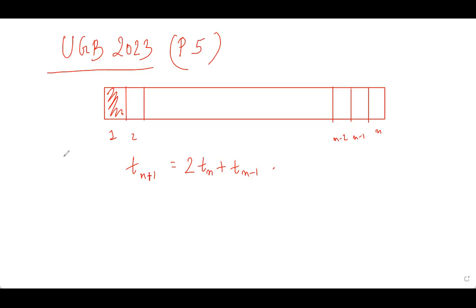This is our claim, and we are going to prove it first. That is, Tn plus 1 is equal to 2 times Tn plus Tn minus 1. So this is a 1 cross n plus 1 strip.